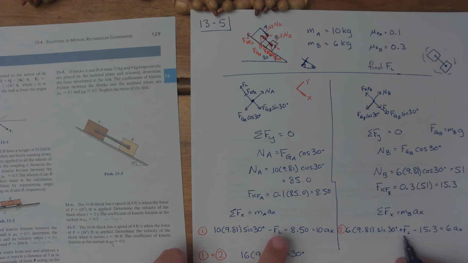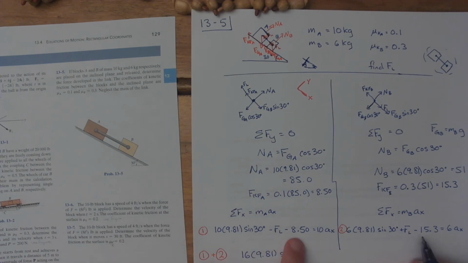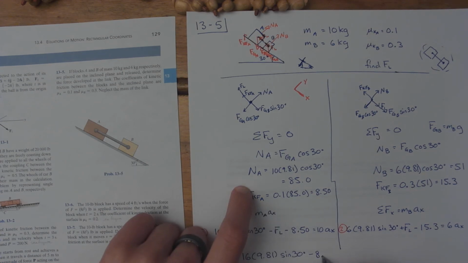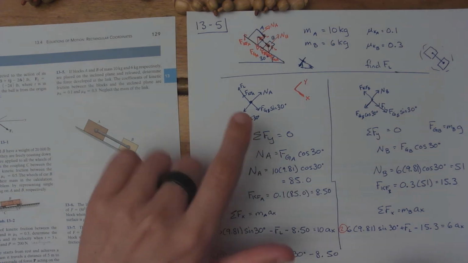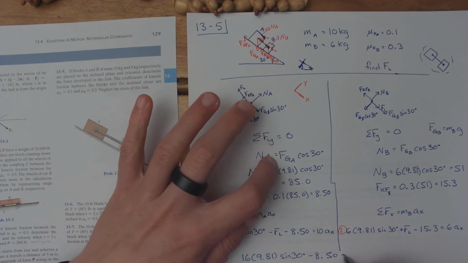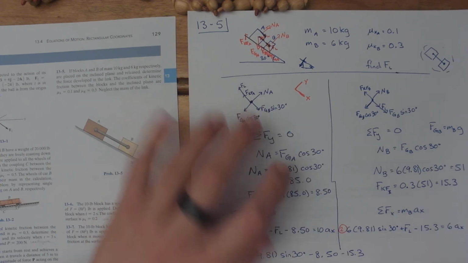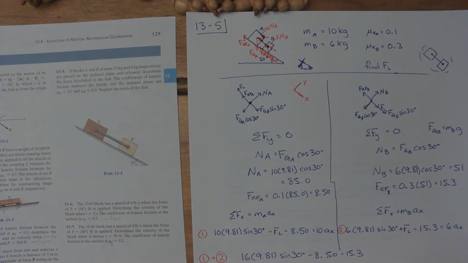Then if you add negative FL and plus FL, you get 0. And then I have negative 8.5, which is the force of kinetic friction on block A, and minus 15.3, and that's the force of kinetic friction on block B.